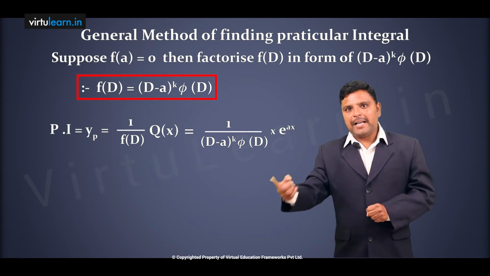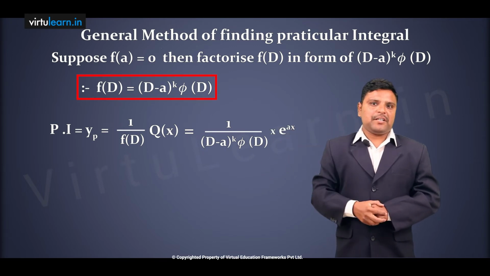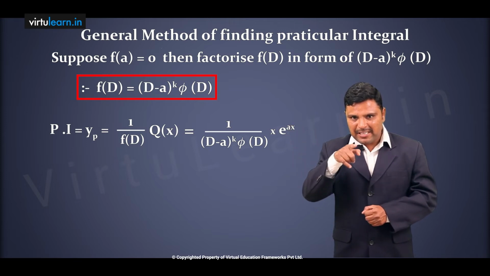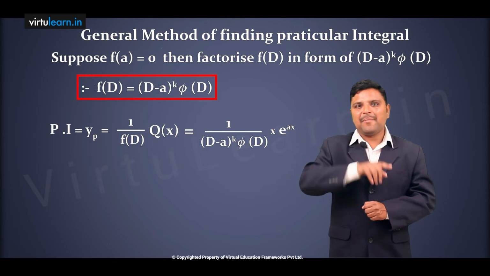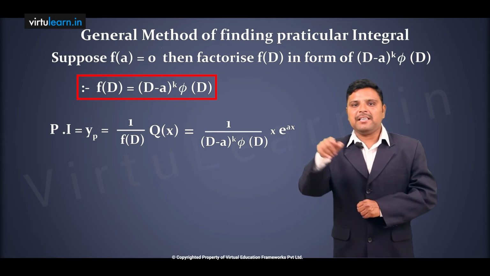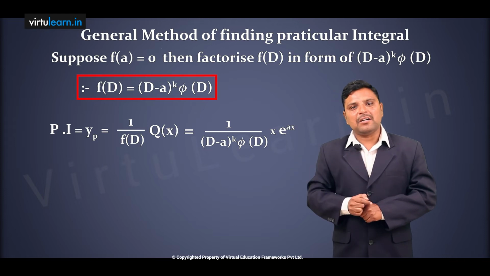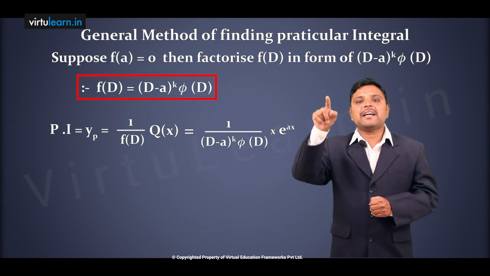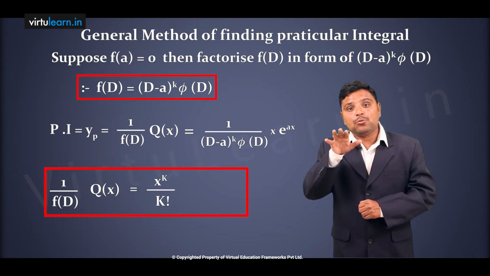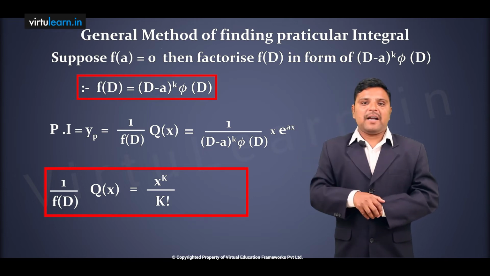Now again, if you substitute the coefficient of x, which is a, in D minus a, we get a minus a equal to 0. The denominator part is 0. If this part is 0, what is the power of D minus a? k. Instead of that, I will consider x power k by k factorial. Which factor is 0? You see the power of that factor.